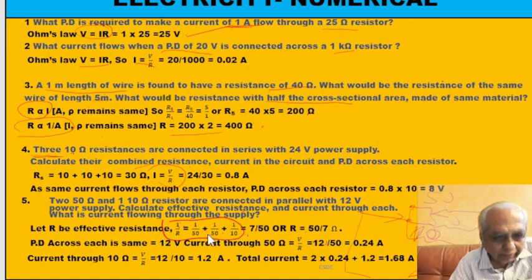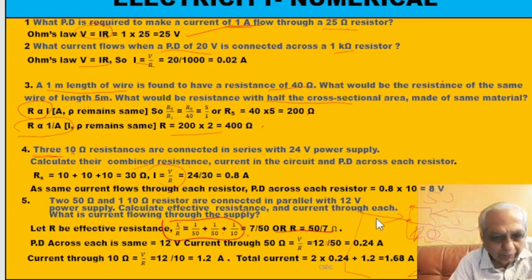You calculate, you will get 7 upon 50, because 50 will be the LCM, 10 into 5 is 50, so 1 plus 1 plus 5 will be 7, denominator is 50. We take the reciprocal, so we get R equal to 50 upon 7 ohm. Okay, note down.